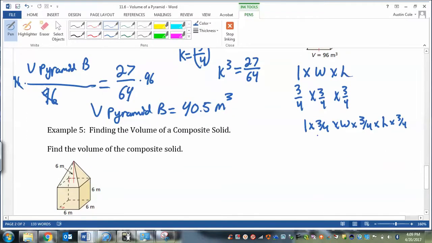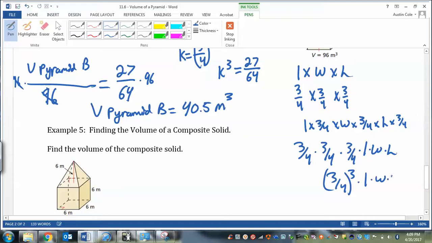Now you have 3/4, right? Since multiplication's commutative, you can pull those all out front. So 3/4 times 3/4 times 3/4 times length times width times height. Now 3/4 times 3/4 times 3/4 you can write as 3/4 cubed times length times width times height.